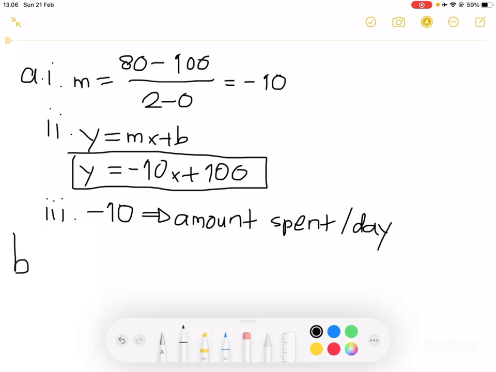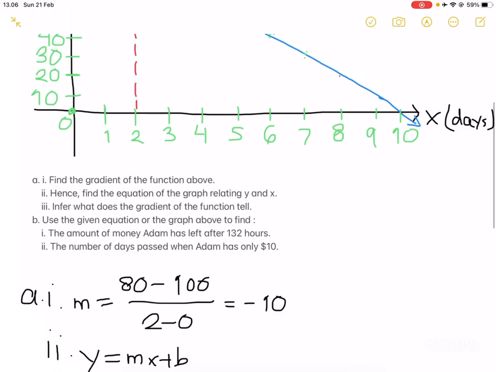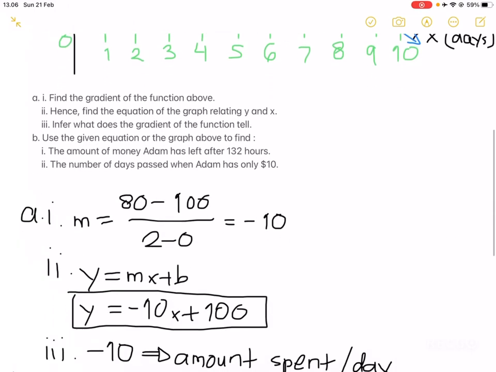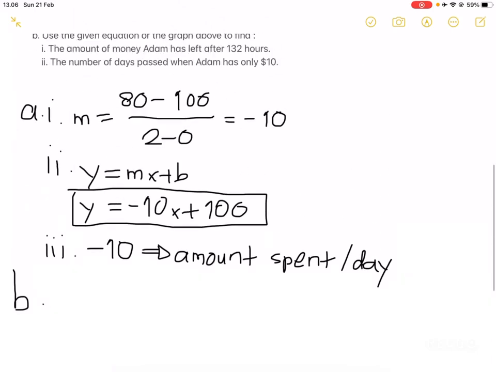Alright, that's it for part A. Now let's jump into part D. Using the given equation or the graph above, find the amount of money Adam has left after 132 hours.